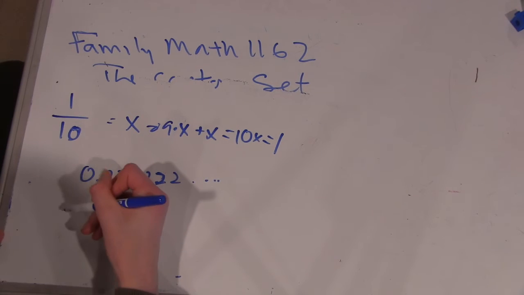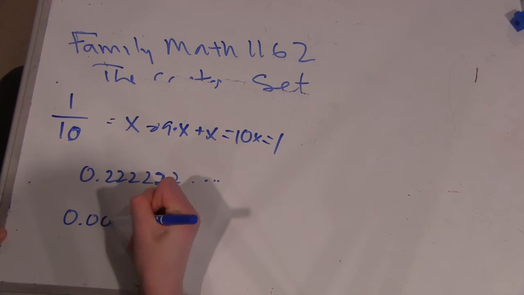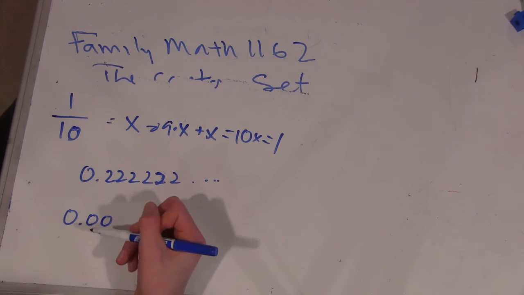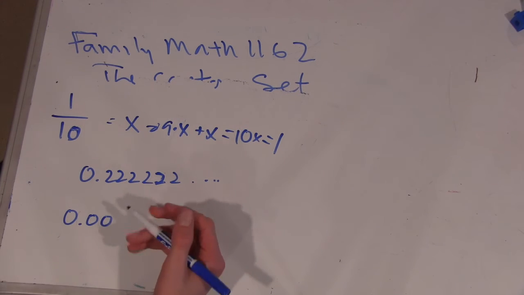So you're going to need to have some zeros at the start, just because the 1/3 and 1/9 place are both bigger than a 10th.